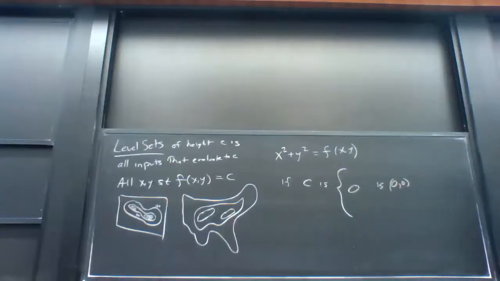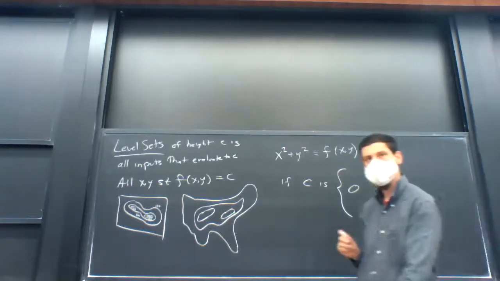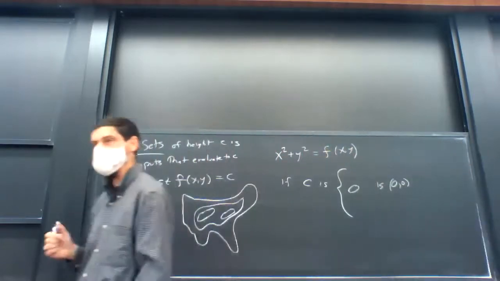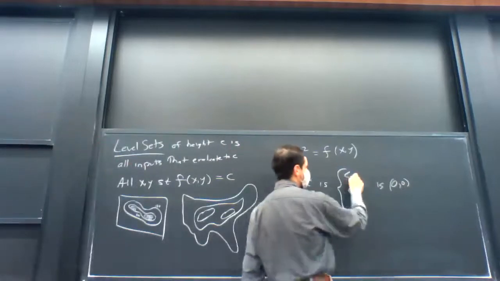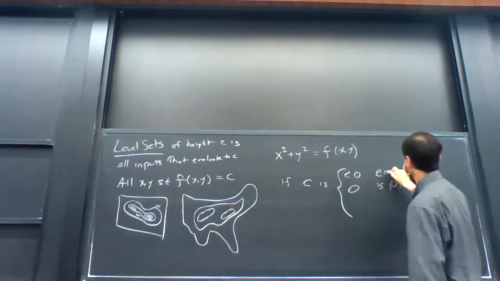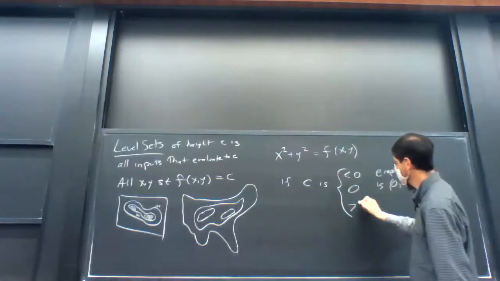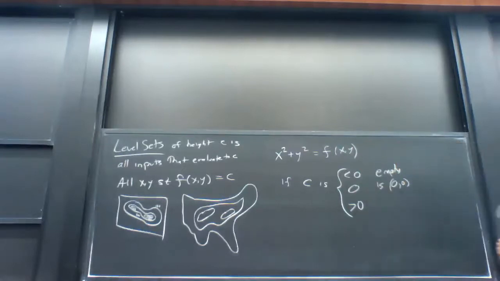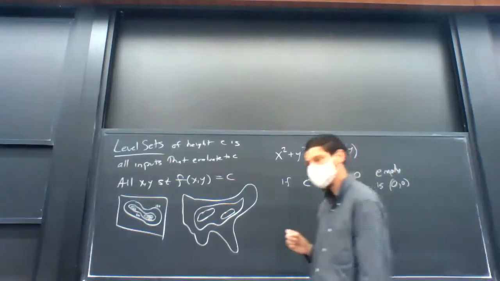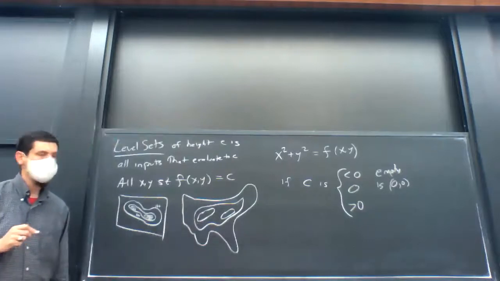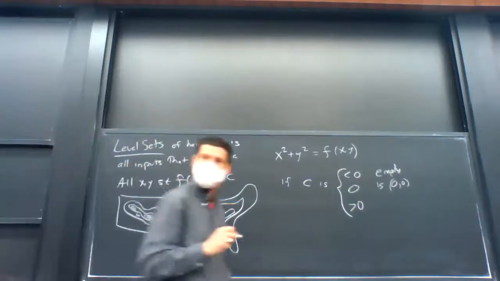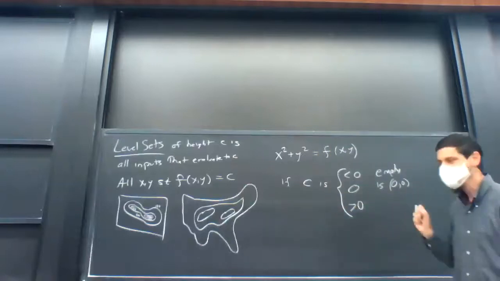What else? What if c is negative? Okay, so it's empty. And what if c is greater than 0? So what would it be if you got the square root of c?